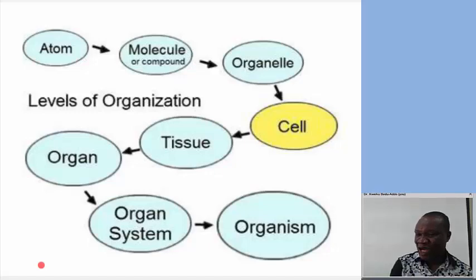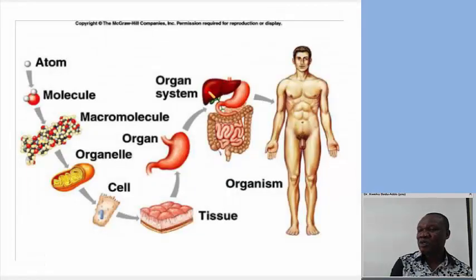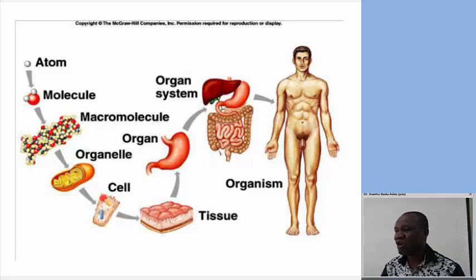So now, recapping, we start with the atoms, molecules, macromolecules, organelles, which constitute the chemical level of the organization. Now, the organelles will come together to form the cell, which is the next level of organization, the cellular level.